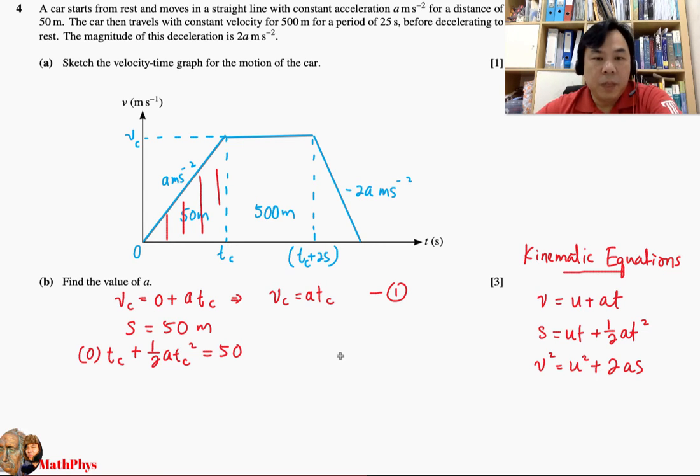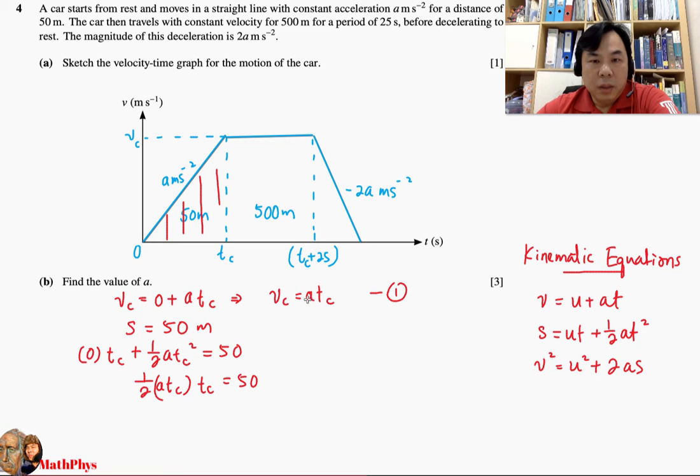All right. Now you can see that ATC is here. ATC is here. So from here we can actually rewrite this as half ATC multiplied by TC is actually equal to 50, because we have our ATC here. ATC is our speed itself. You can see that, all right?